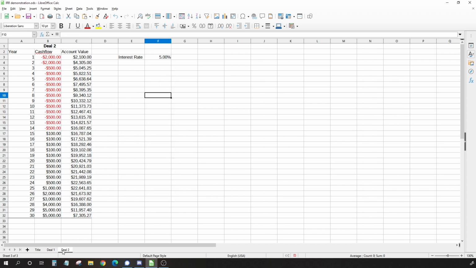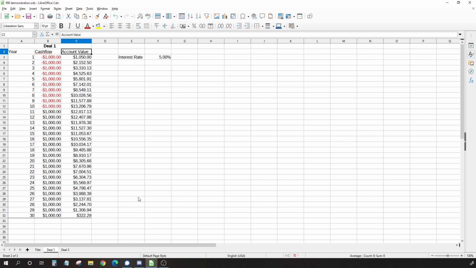So we look at deal 2, and we see that in this account value simulation at the same interest rate as deal 1, the company's account value actually ends up being much bigger than in the other case. So this would imply that the company for deal 2 is keeping more money than the company in deal 1.